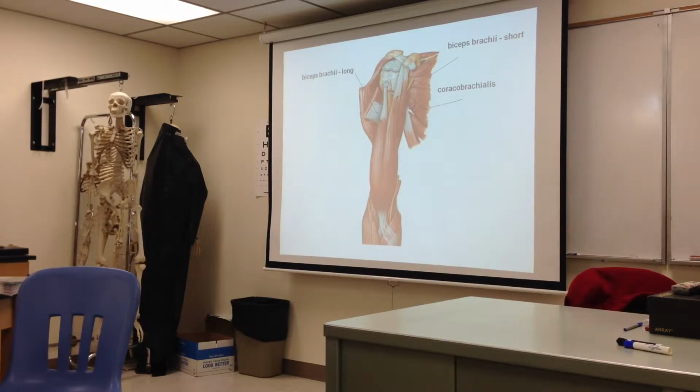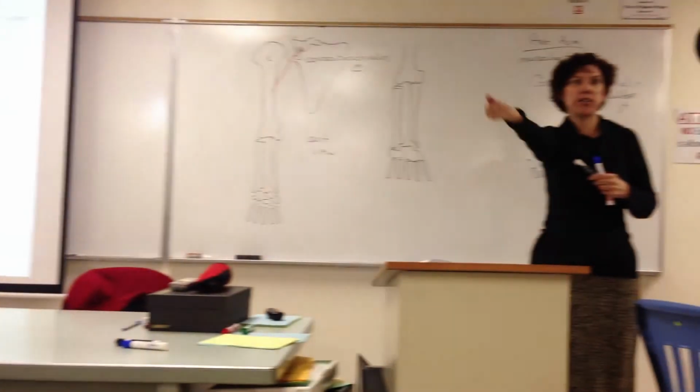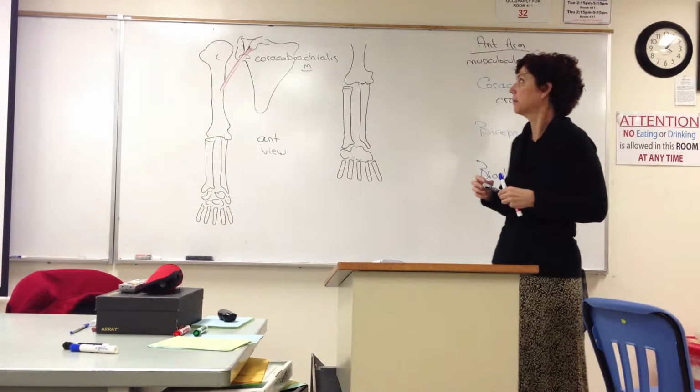But you'll notice it only crosses one joint. So it's not going to do anything at the elbow. It crosses the shoulder joint anteriorly, so it's going to function in adduction and in flexion of the humerus.